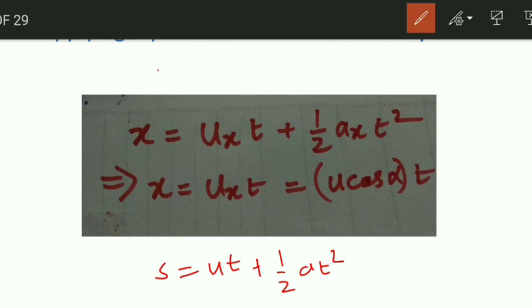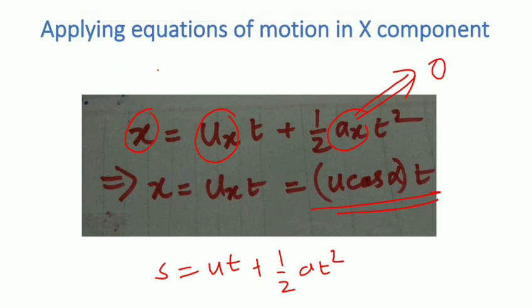So instead of s we will write x. x is equal to ux into t plus half ax into t square. Same thing. Now x is equal to ux into t, since ax is equal to 0. ax is equal to 0 because there is no acceleration in the x component. So x is equal to u cos alpha into t. So x is equal to u cos alpha into t will give you the x component of displacement at time t.